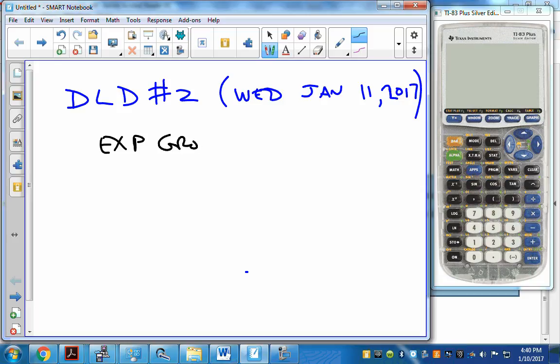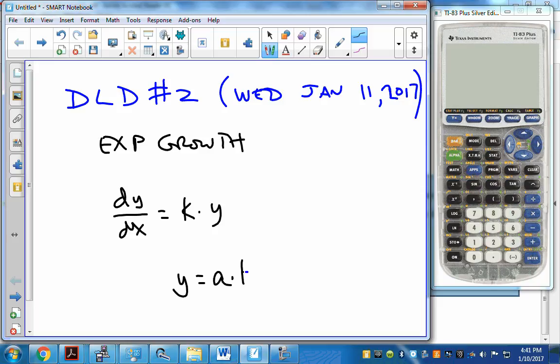We had noted yesterday, and your homework from last night was that if the rate of change of some function was directly proportional to the original function, then y is going to be some exponential function where you have a times some base, and there's going to be some power of x.